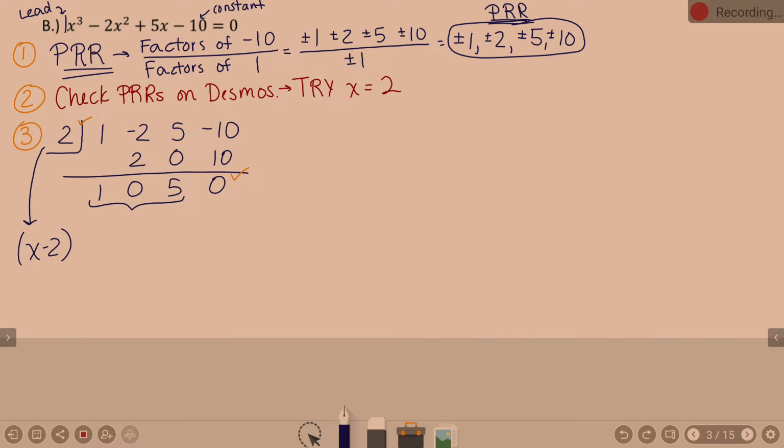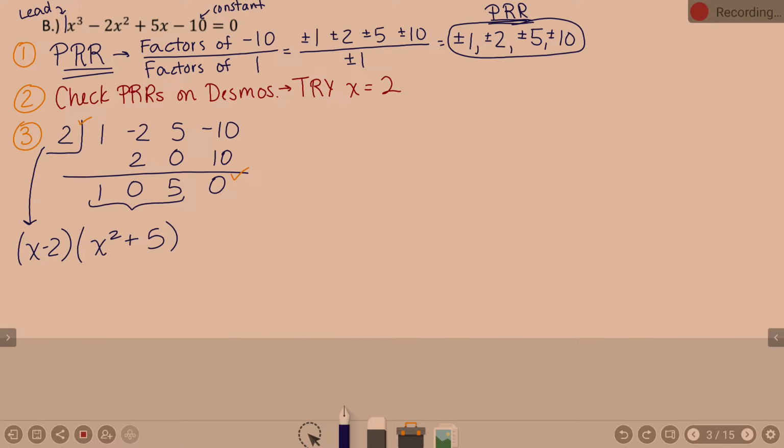So now we're looking at, what does this 105 represent? Okay, so x squared plus 0x that we don't need, and plus 5. So as of right now, my other factor is x squared plus 5. Does that factor farther?